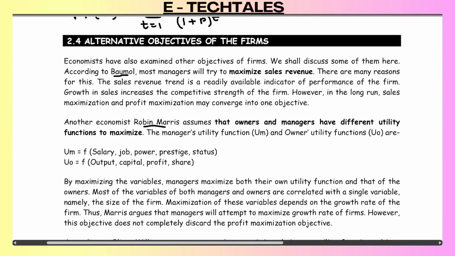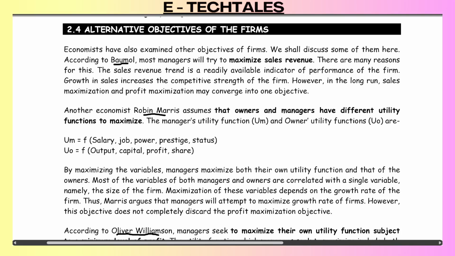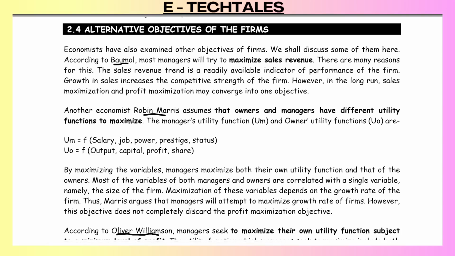So next, move on to the next point, the alternative objectives of the firm. Here you will see there are different economists. There are 4 economists here who have given their opinion regarding the objectives of the firm.